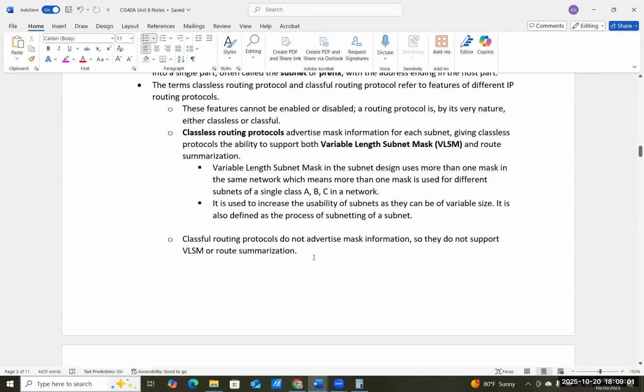Now, if you're using a classful subnet mask, the routing protocol does not need to advertise that information. So you don't have to use VLSM to route. Routers support all of these, but in the case that you just use a classful address in your network, it doesn't require the advertisement of the mask, which is your CIDR.